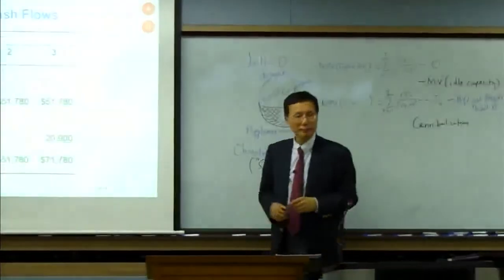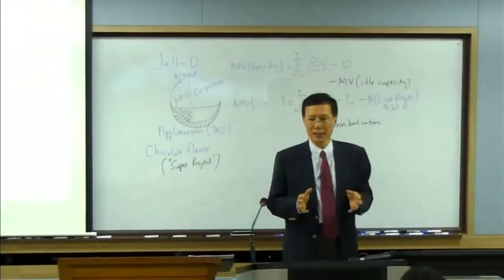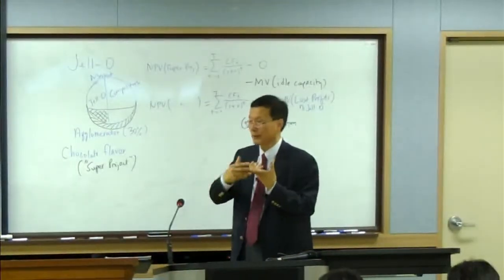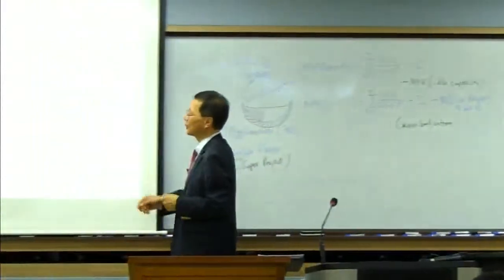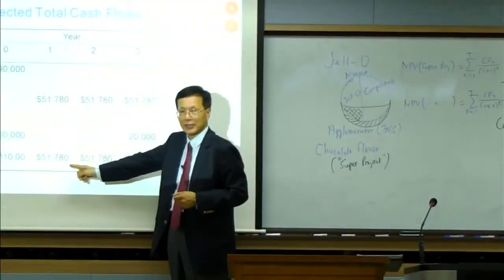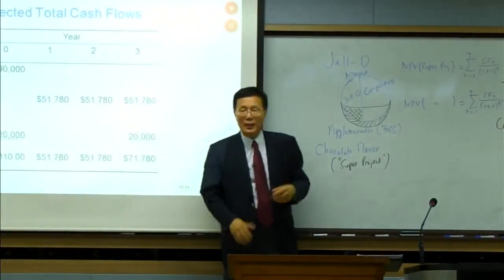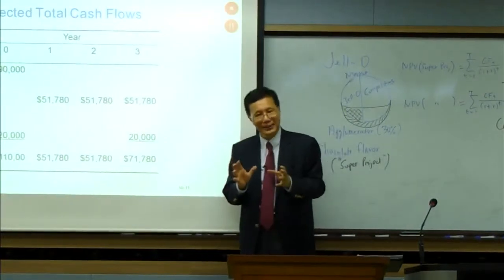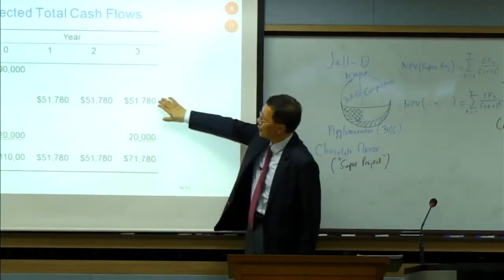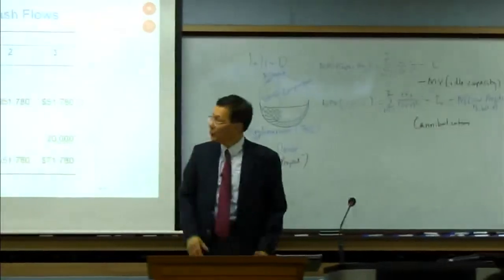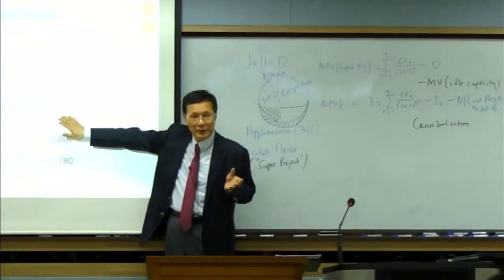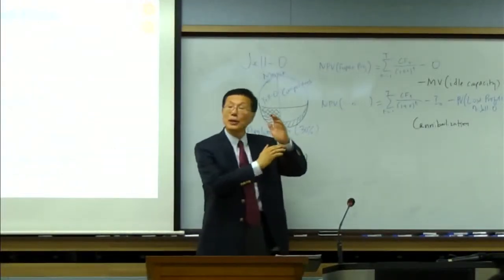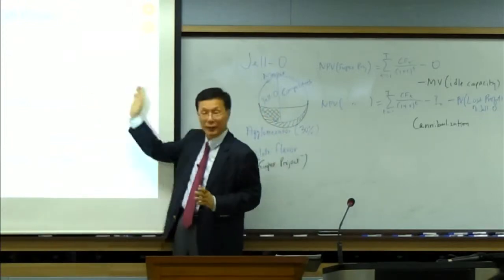Year 1, $51,780, that operating cash flow will come in. So year 1 cash flow is $51,780. Year 2, same thing. Now year 3 is a different matter. Year 3, operating cash flow will still be $51,780, and there will not be any more cash flows after that.